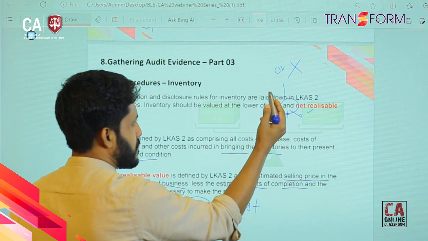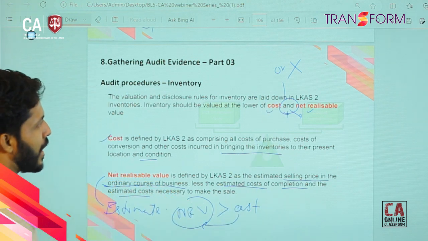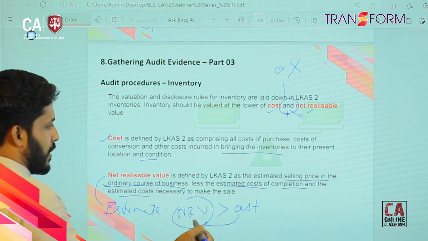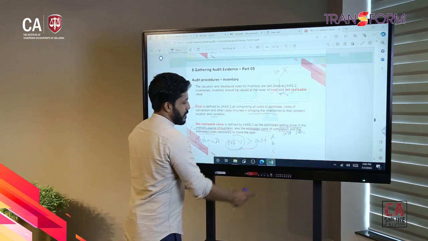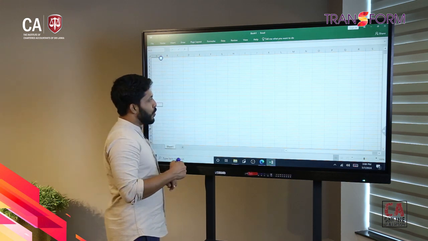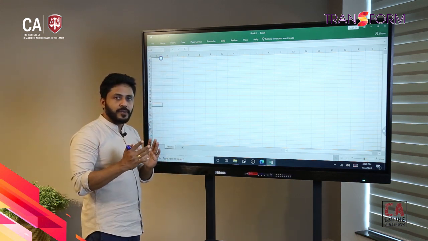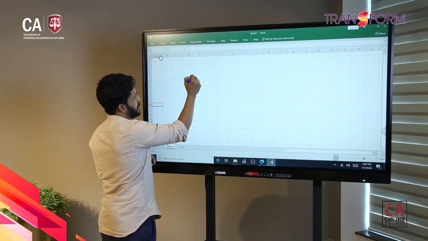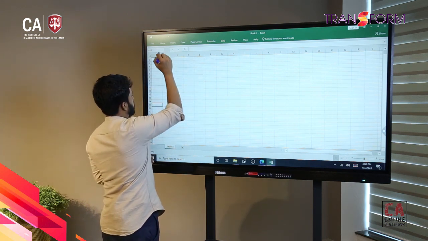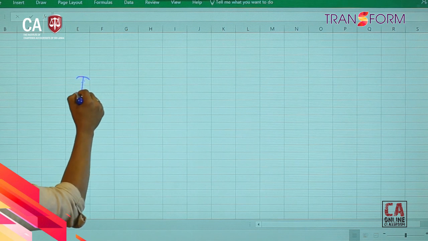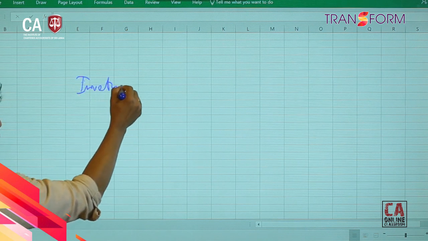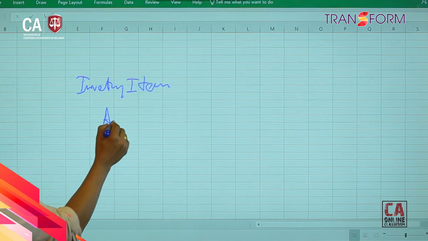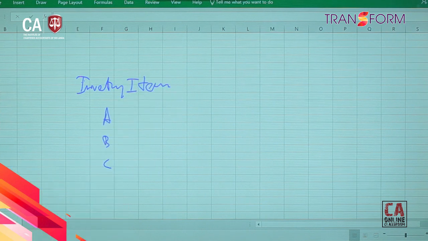So then it can't be "or", right? If you are having inventory items, අපි cost and NRV පොඩ්ඩක් clear කරගත්තොත්, let's say we are having inventory items A, B, C, right?